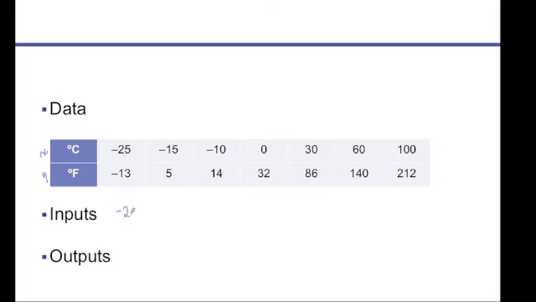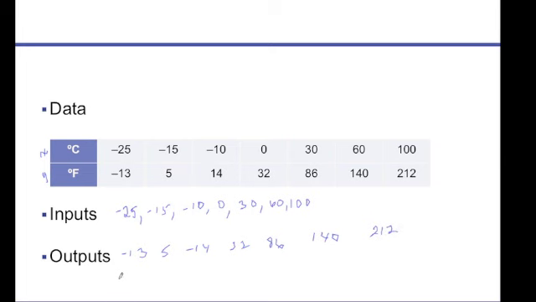They will be -25, -15, -10, 0, 30, 60, and 100. The outputs then will be the y values, or the Fahrenheit temperatures: -13, 5, 14, 32, 86, 140, and 212.